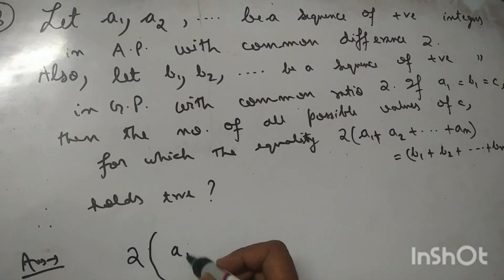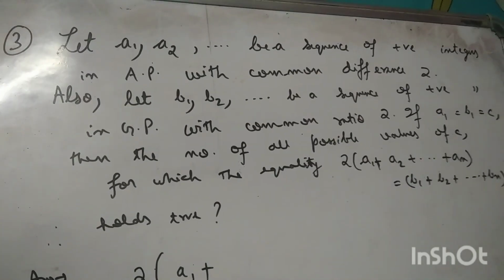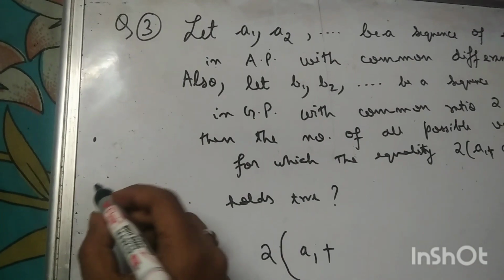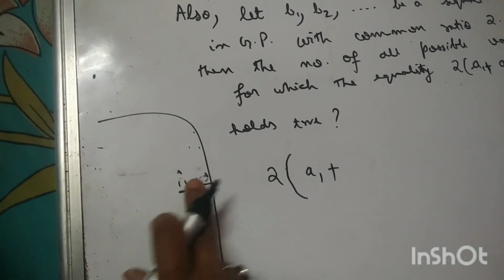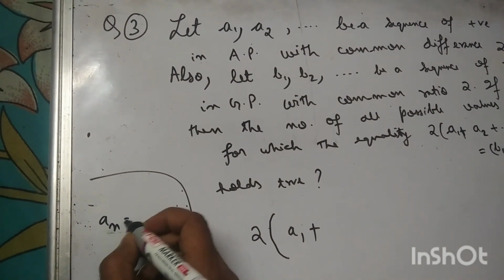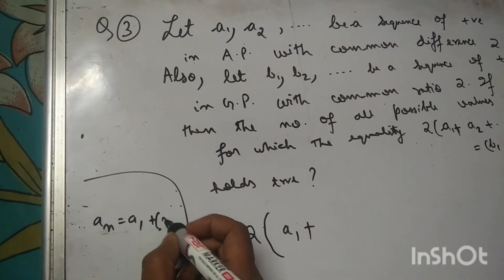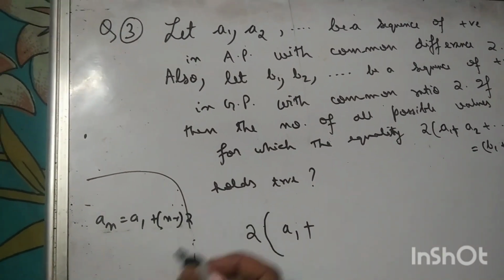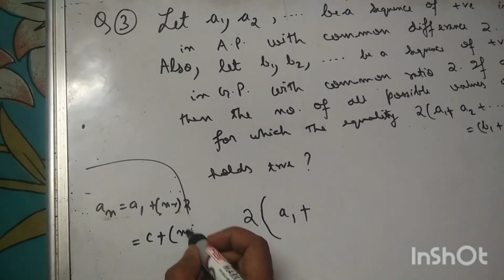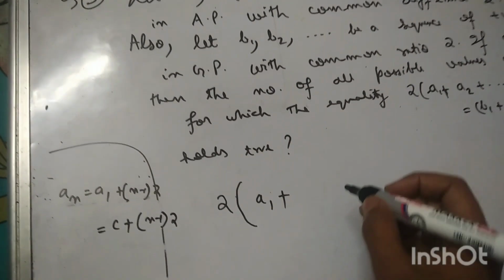So we'll start from there only. First term is A1. What is the second term? So if you write the nth term of the first AP, it is A1 plus n minus 1 into 2, right? And A1 is simply C, so n minus 1 into 2.